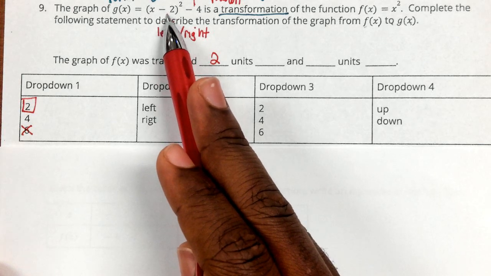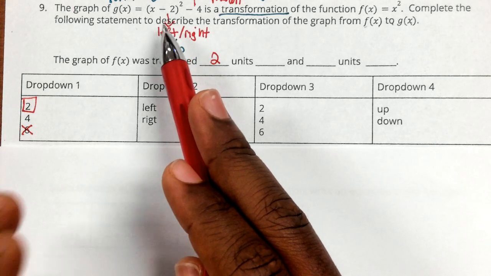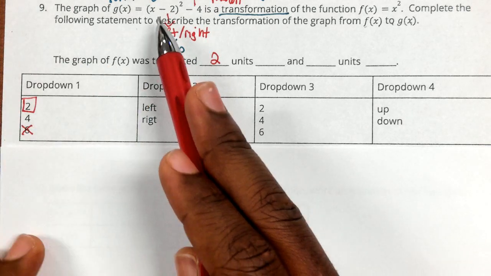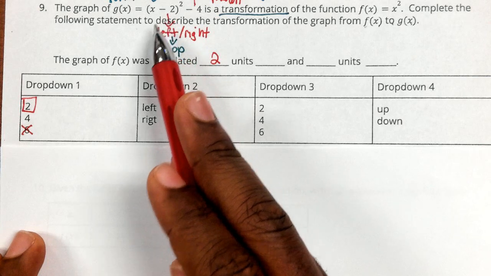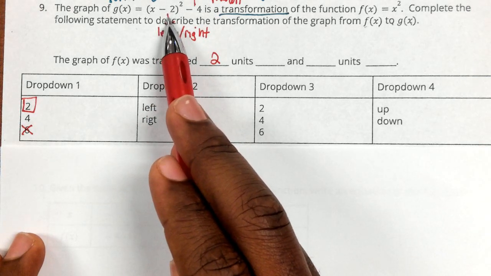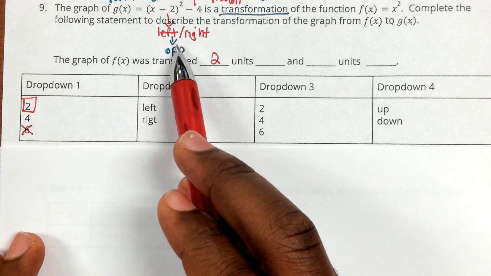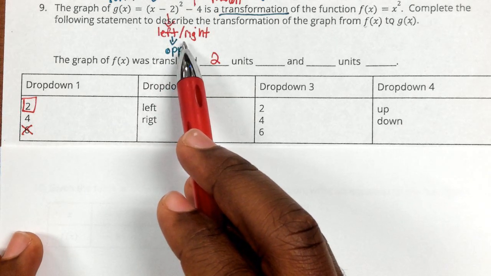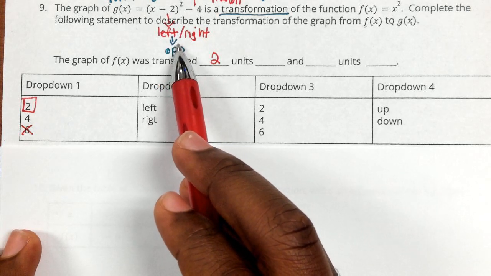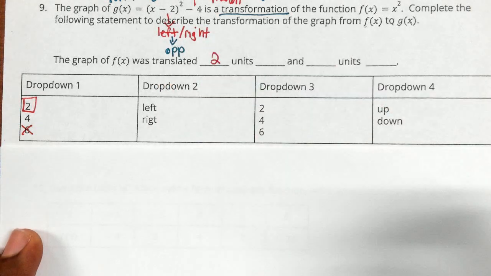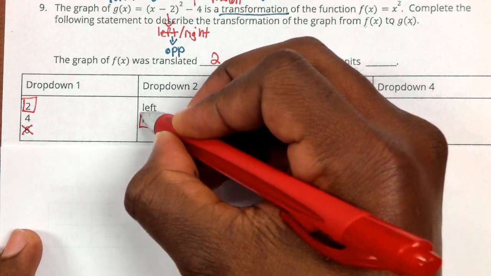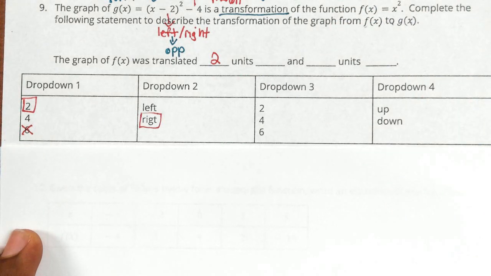Normally a negative 2 means that you're going more to the negative side, and the negative is to the left. However, because you have to do the opposite, this negative 2 is actually a positive 2. And if you're a positive 2, are you moving more to the left or to the right? To the right. So in this case, we're moving 2 units to the right.